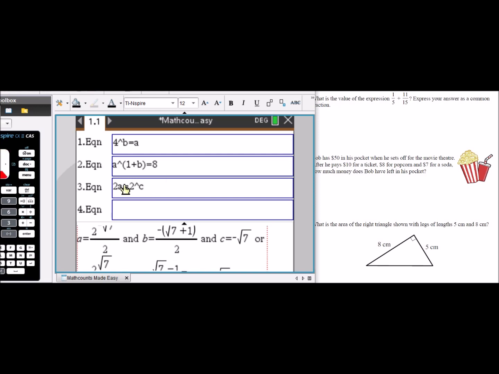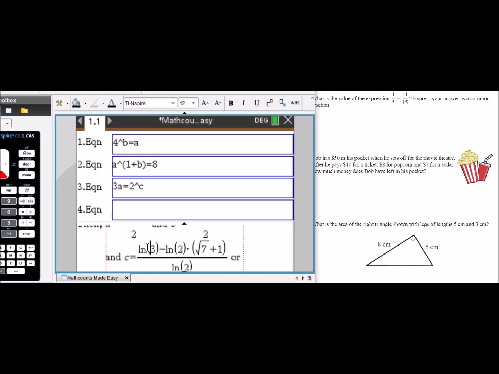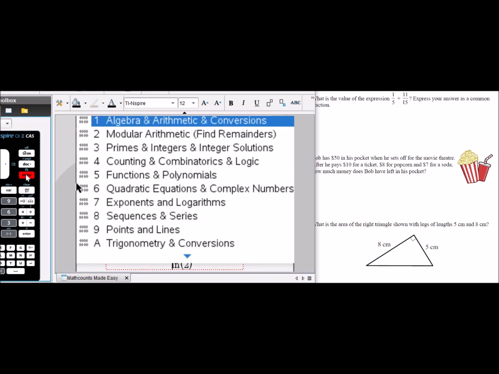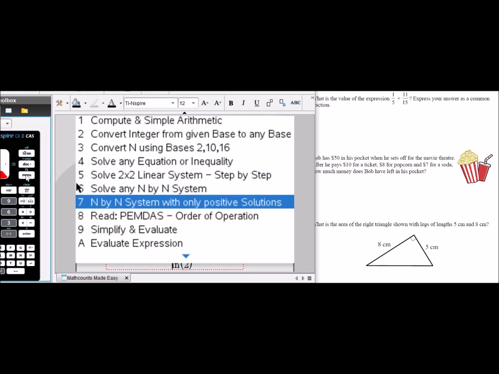As you change a value, you will get your solution below immediately, without having to press enter or anything. So that was an n by n system, and you can also force it to only show positive solutions because that often occurs on Mathcounts problems.